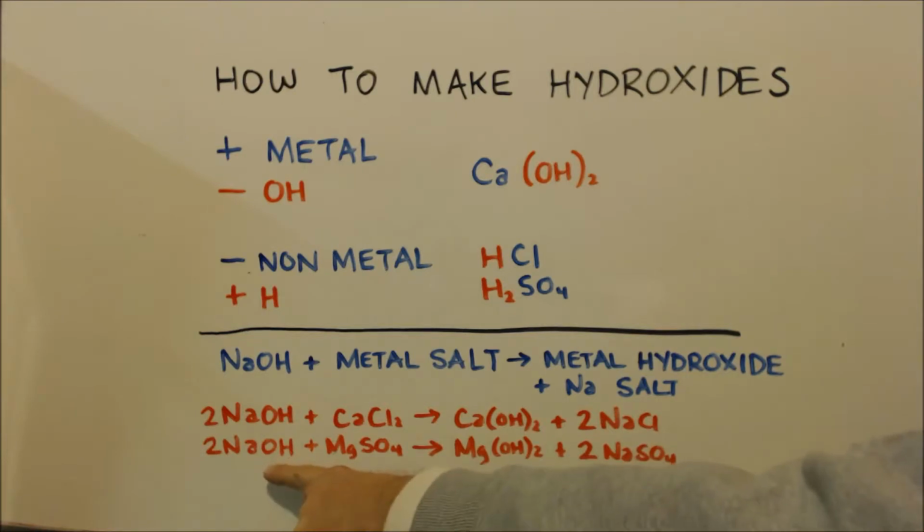Like look in here, I used magnesium sulfate this time. That's Epsom salt. So of course I got my magnesium hydroxide, but I got a different sodium salt, a sodium sulfate salt. So if you wanted to make a sodium salt, let's say you needed the sulfate, get magnesium sulfate. If you need a chloride, calcium chloride.